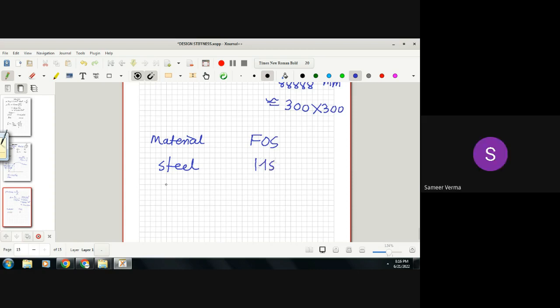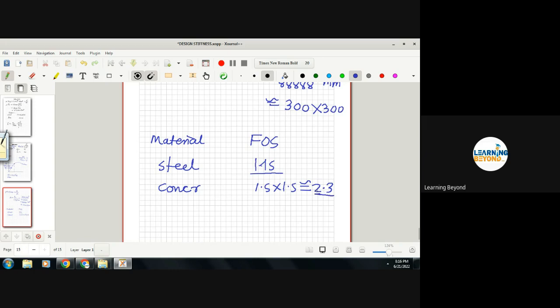And concrete, it was 1.5, and again 1.5 for the shape factor. So I can say 1.5 into 1.5, which is near to 2, 2 to 2.3, about 2.25. So it is 1.15 for steel and 2.3 more for concrete.